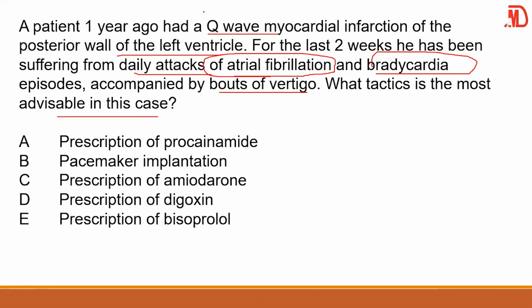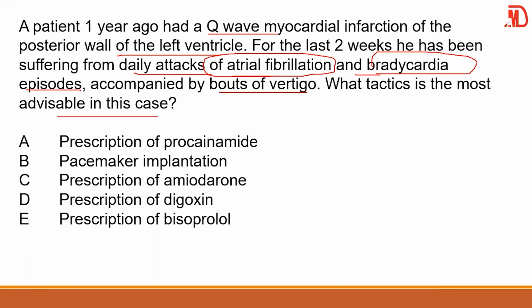So over here, the conducting system is having a problem, isn't it? That would be an indication. And look at it. The attacks of the AFib, the bradycardia episodes, these are all indications that the heart, whatever that is firing, is not firing enough.